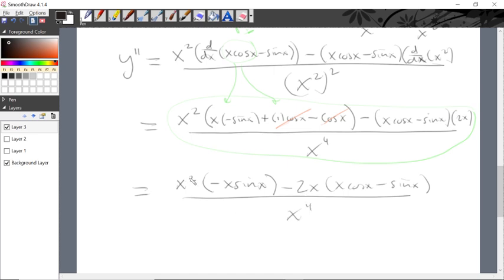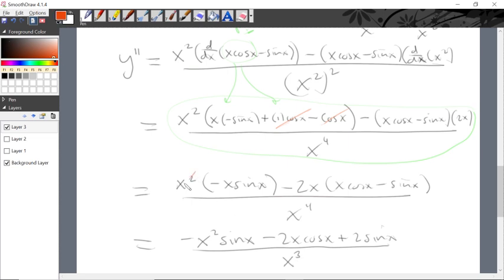So we have an x in each of these groups and an x down here. We can cancel those. So I'm going to be left with negative x squared sine x after canceling an x. Right? And then minus 2x cosine x, and then plus 2 sine x over x cubed.